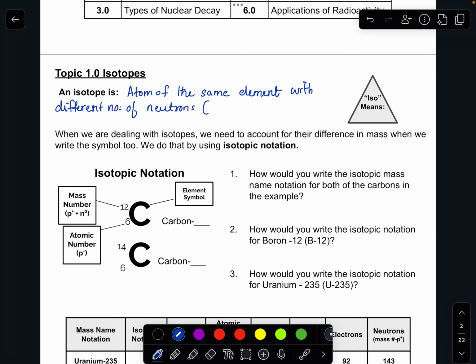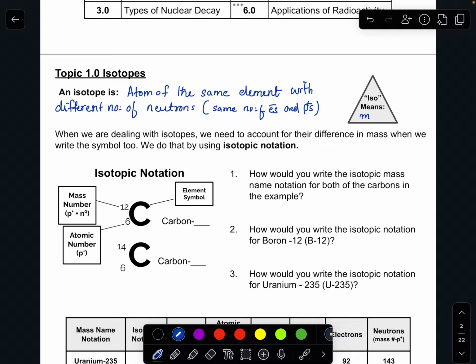So that means they have the same number of electrons and protons. Okay.